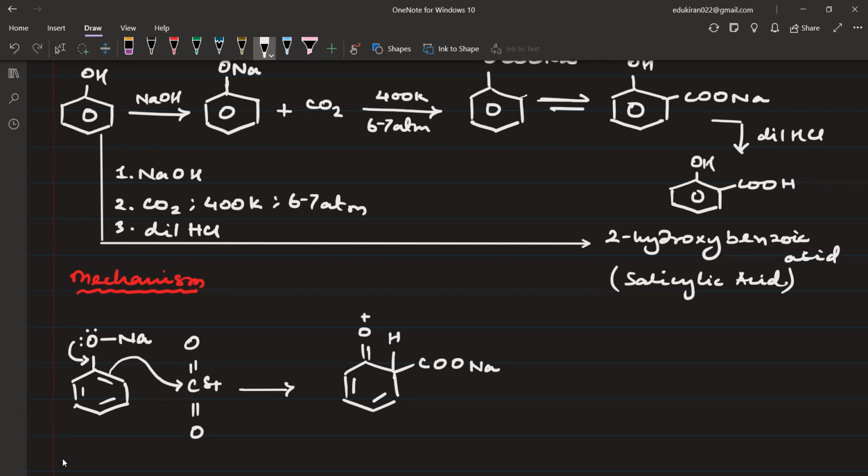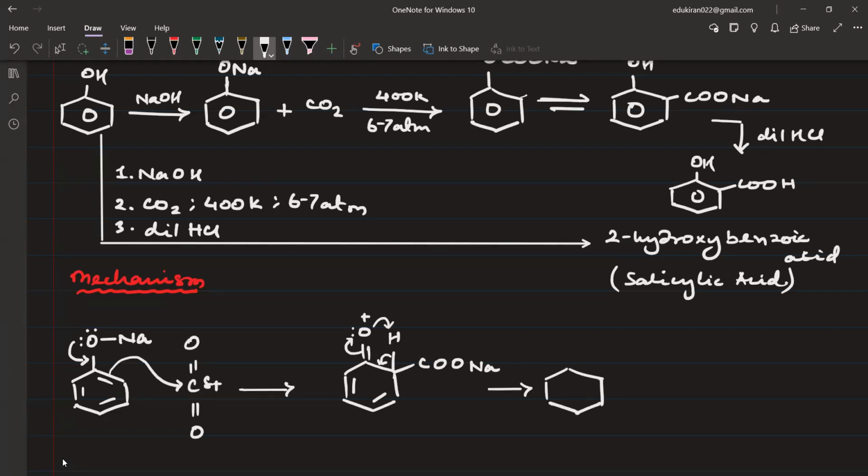This hydrogen will come to rescue. This oxygen atom is very much in need of electrons because it has a positive charge now. So it will attack the hydrogen like this. The hydrogen will leave its bond, and then this will neutralize the oxygen atom.